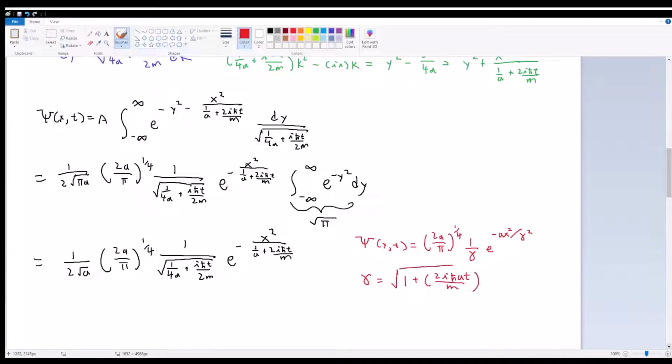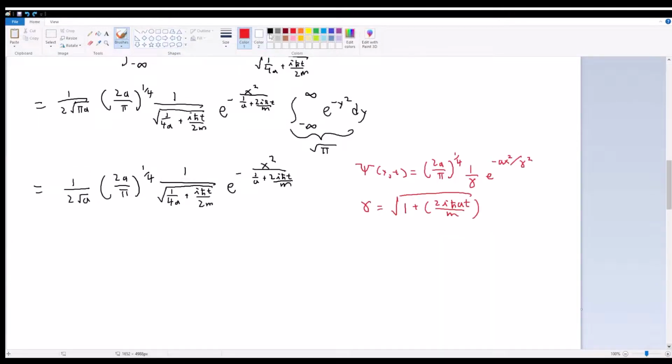Now, thankfully, this conversion actually isn't that difficult to do, because immediately we see that there's a 2a over pi to the power of 1/4, so we don't have to do anything with that. And then we have an exponential, so this is probably going to simplify to this, and we have these two constants multiplying, and these are probably going to become 1 over gamma. So immediately, the first instinct is to combine the two constant terms right here.